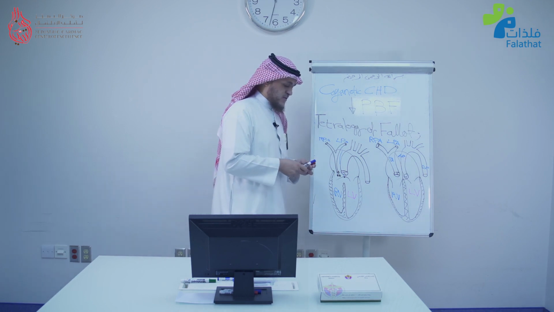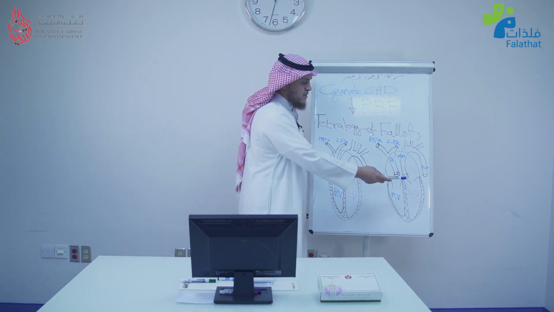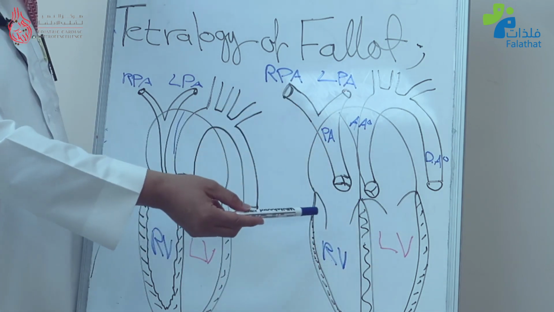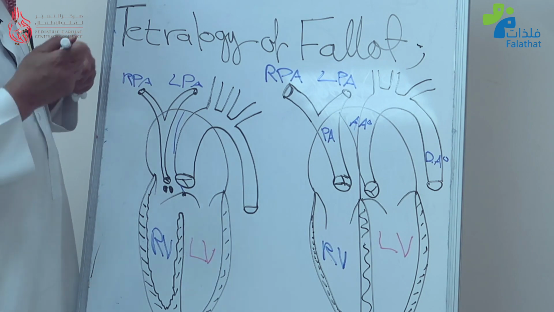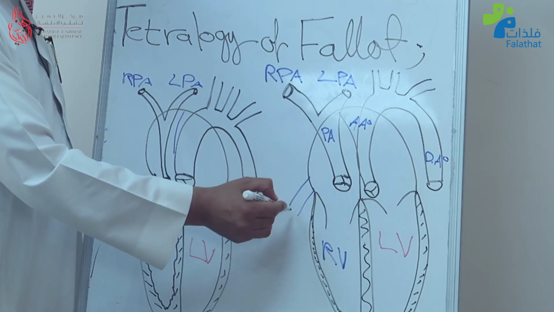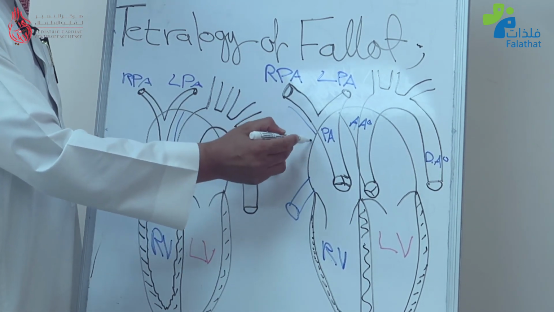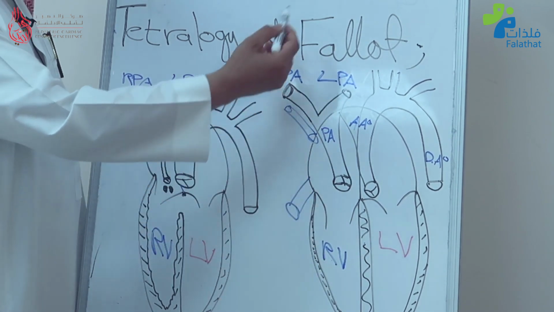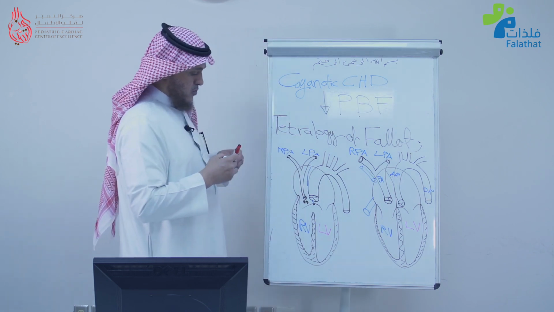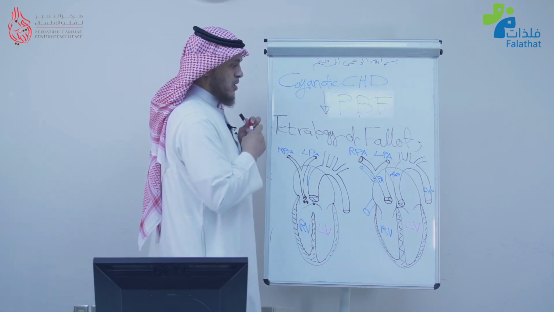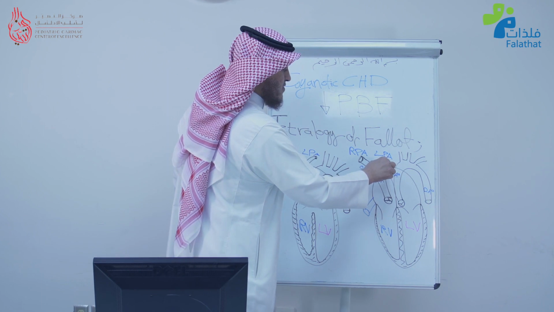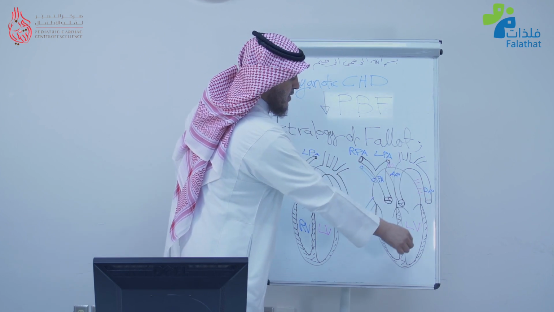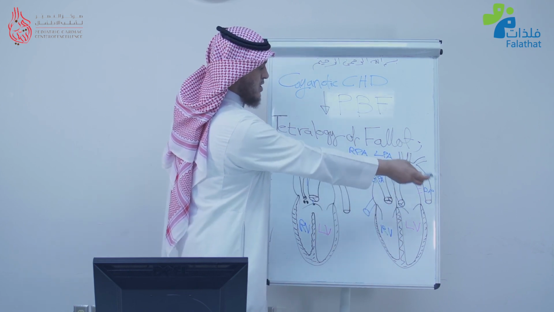Just to refresh, this is the normal anatomy again. So we have the right side completely separated from the left side. The right side receives the inferior vena cava blood, which is the deoxygenated blood, and the superior vena cava blood, and then goes to the lungs to be oxygenated, only to return back through the pulmonary veins, 2 on the left side and 2 on the right side, to supply the left atrium, the left ventricle, and the aorta, and so on.